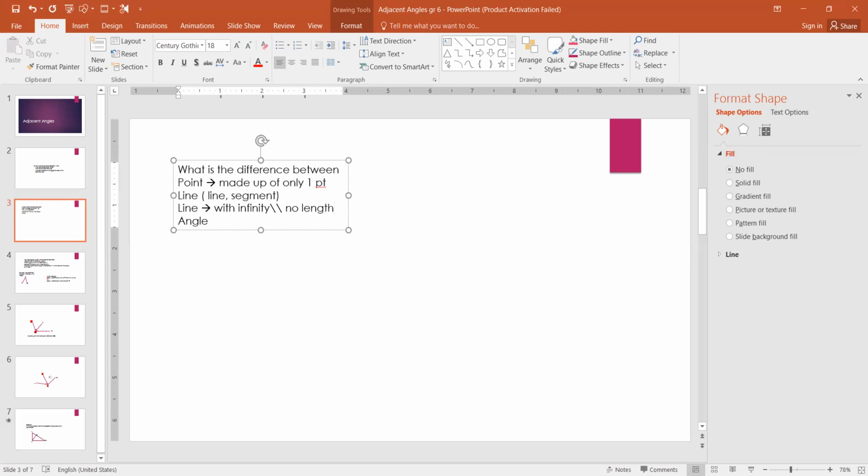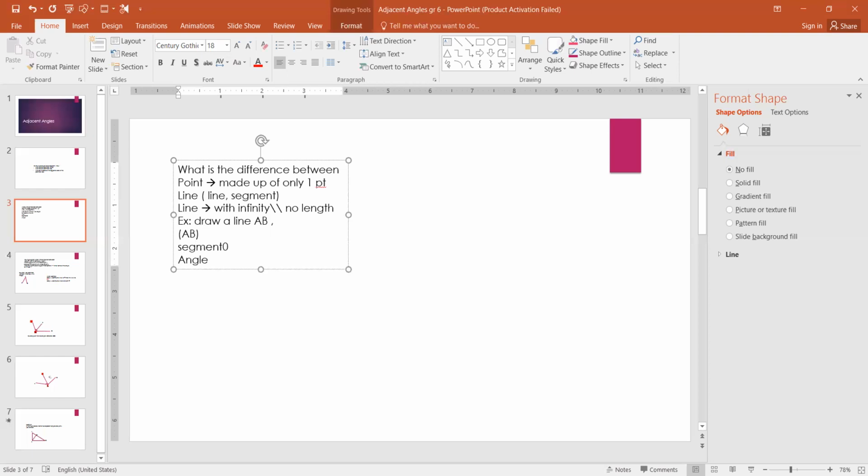When you are going to say that it's a line, the example will be: draw a line AB without length. Then you are going to say that it is line AB.